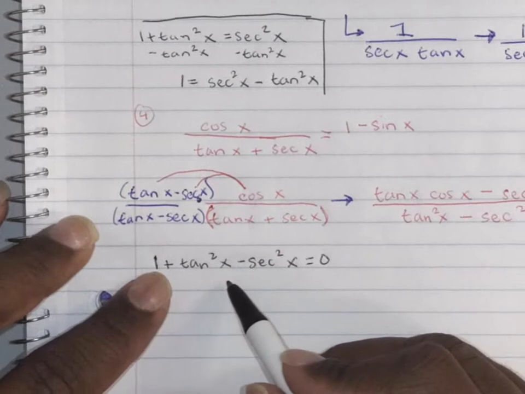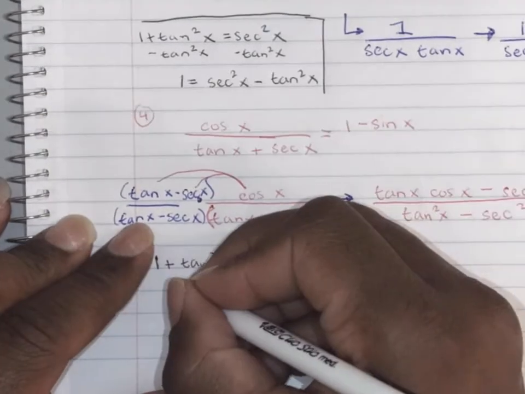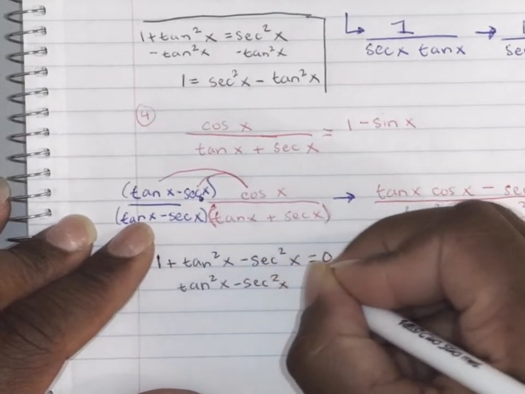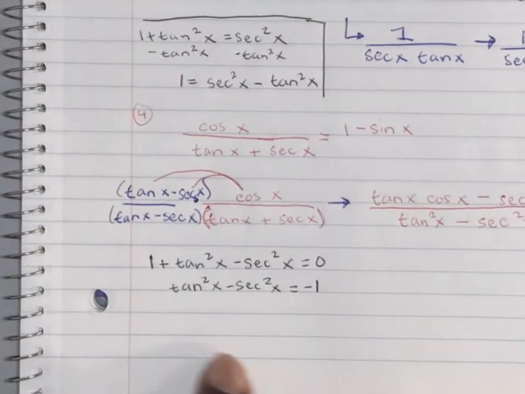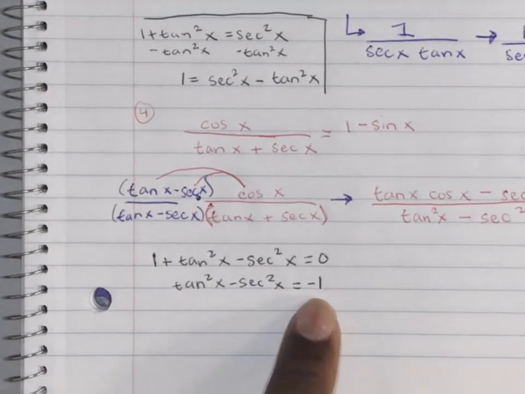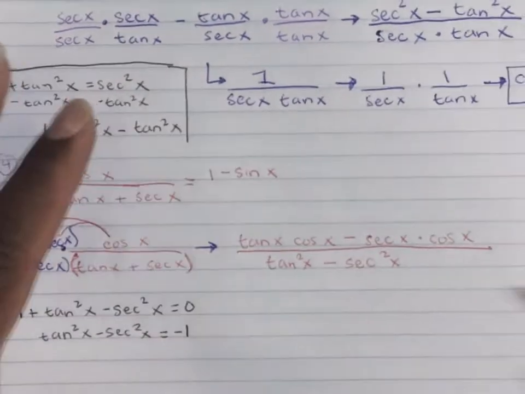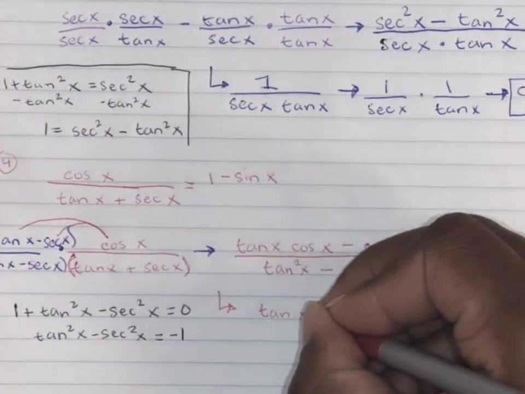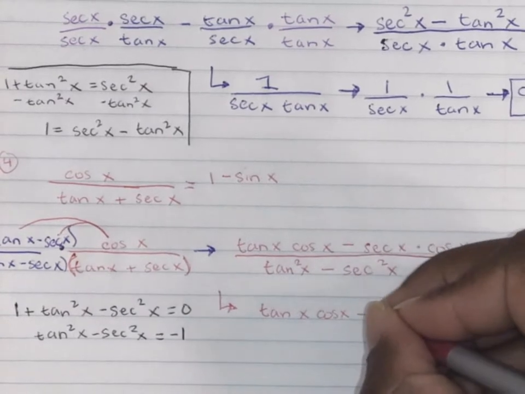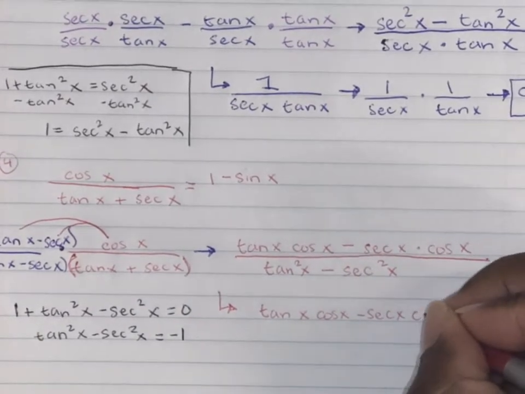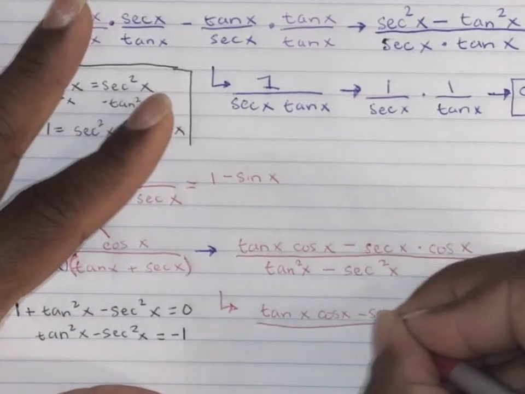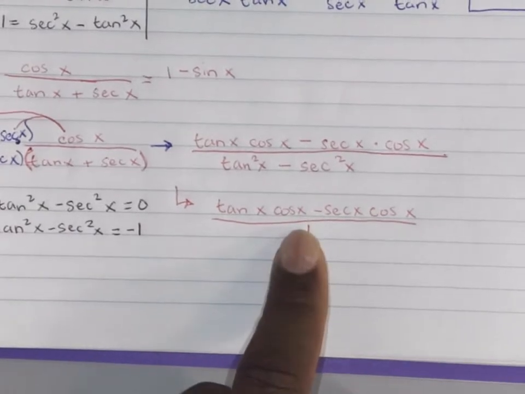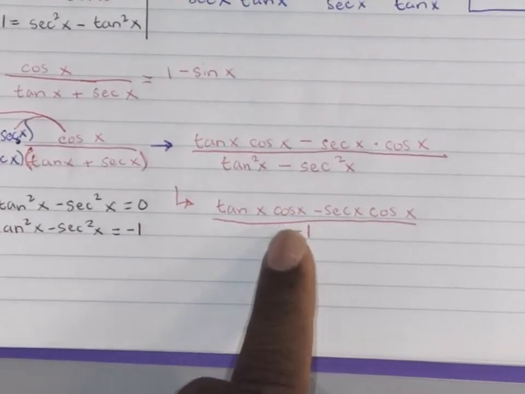And then obviously I just want this, so I'll subtract 1 from each side, and I see that tangent squared x minus secant squared x equals -1. So I think this can come out to equal -1. So I will show that in the next line. Tangent x cosine x minus secant x cosine x, all divided by -1. And maybe let's wait till the end to deal with this -1.